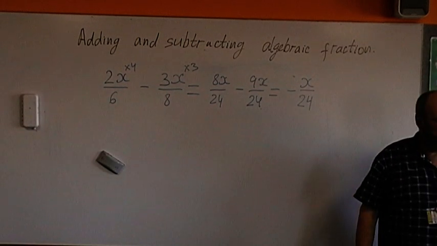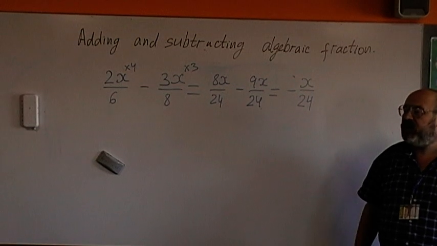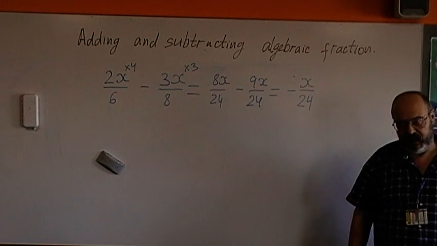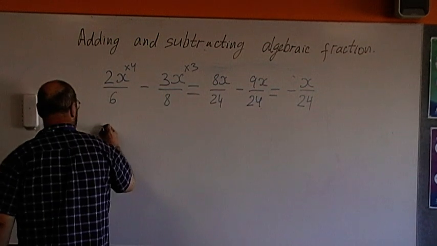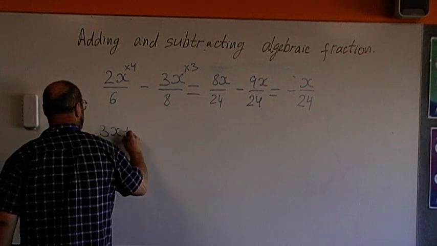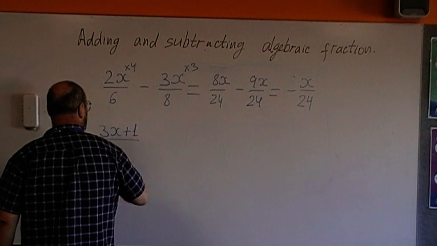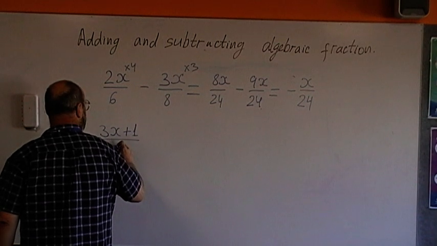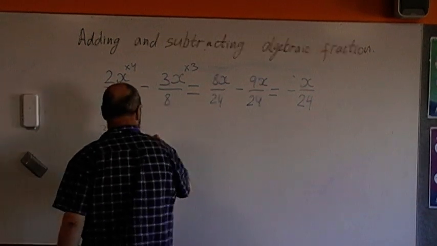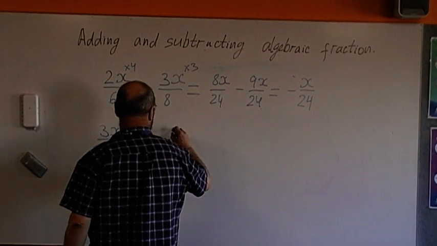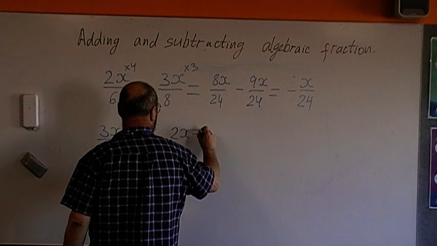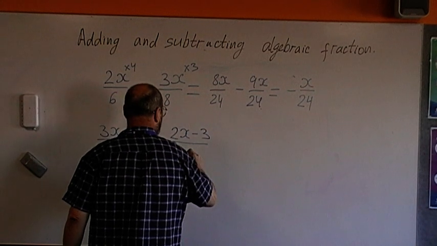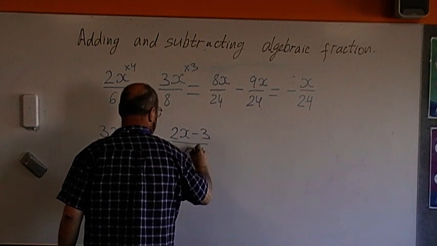Make sense? Now, let's make things a little bit harder. Let's do 3x plus 1 over 4 plus 2x minus 3 over 5.